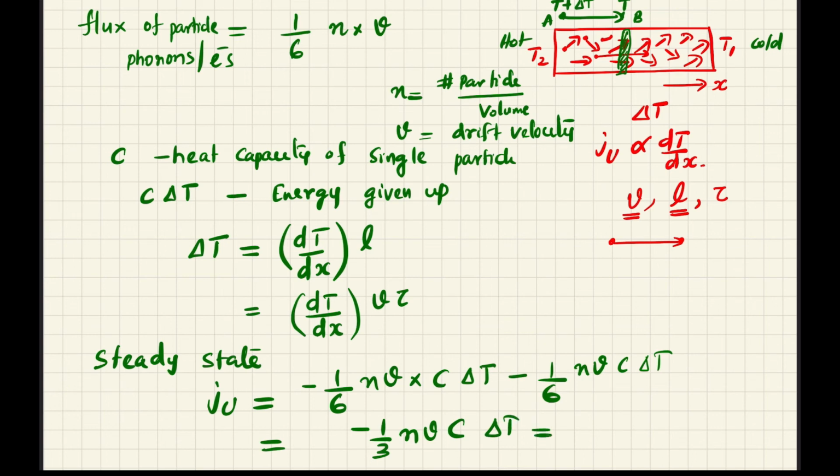Okay, so this you can simplify as -1/3 n v c delta T. Do you know what delta T is? That is dT/dx into L, or v tau you can write, but this is equally good.